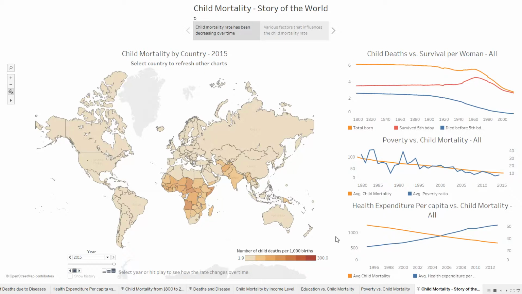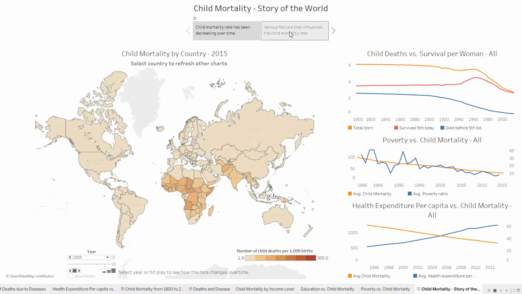Again, it has direct correlation with health expenditure per capita. This is very straightforward. As the amount spent on healthcare increased, the child mortality reduced. You can see that there is a steep reduction in child mortality and increase in healthcare spending.